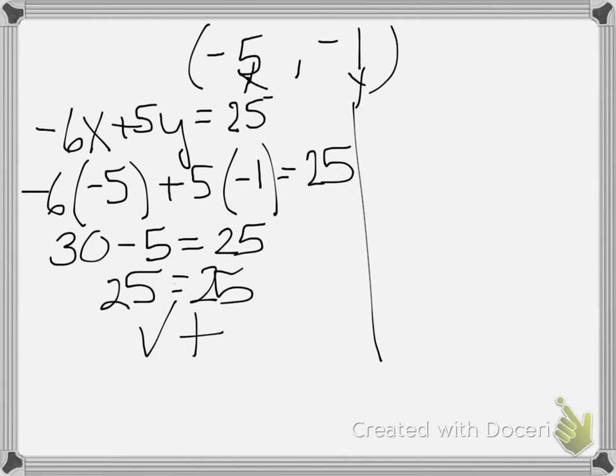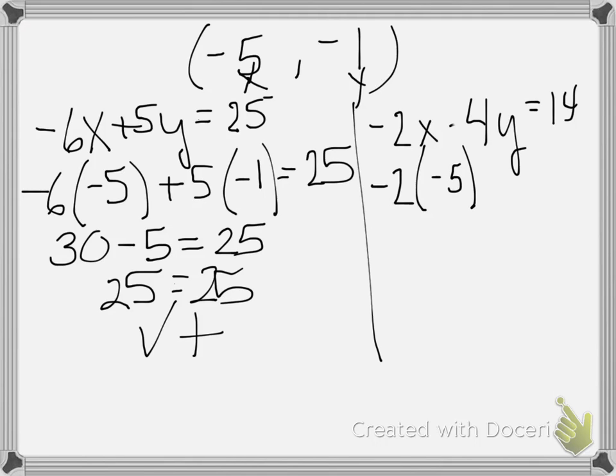Let's do the second equation. We have to make sure it is a solution for both. So I want to make sure we're correct. And you should check also every single time. And let me just make that 4 a little better. 4y. Okay, so let's start substituting the solution, negative 5, where there's an x, and minus 4, and where there's a y, negative 1, and that should equal 14.